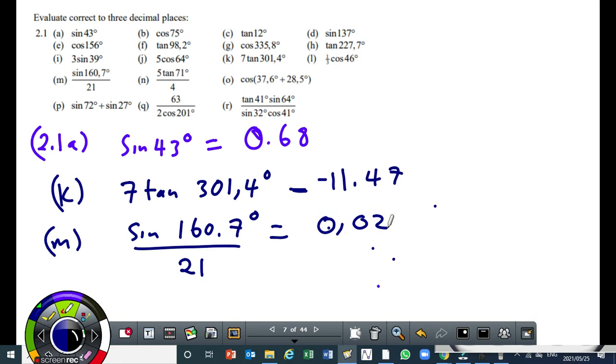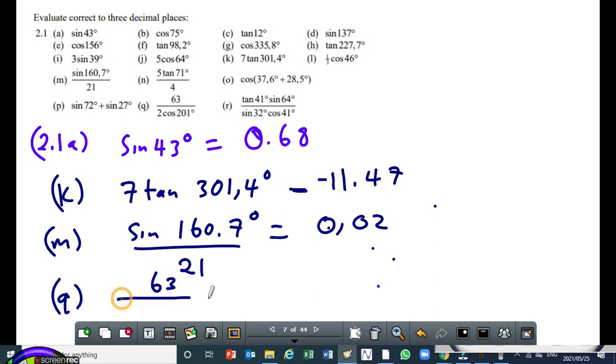And the next one is question Q. Q is 63 all over 2 cos 201 degrees. So again, here you have to use the fraction option on your calculator.